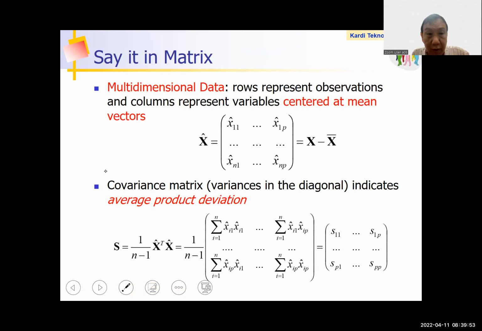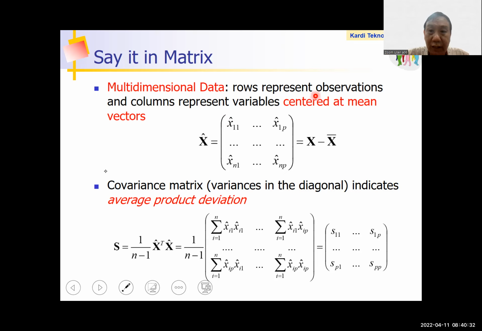Now, if you have many variables instead of just two, you can create what is called a matrix. All your data will be formed into a table, or matrix. Each row represents one data point, and each column represents a variable. From each data point, you subtract the center for each column.